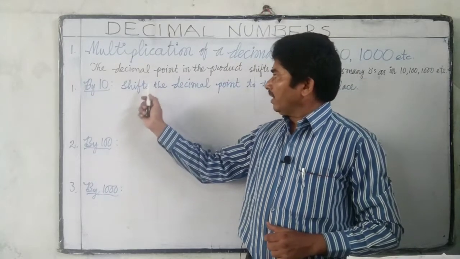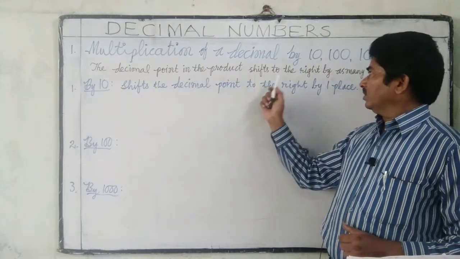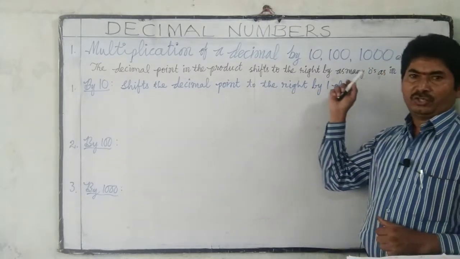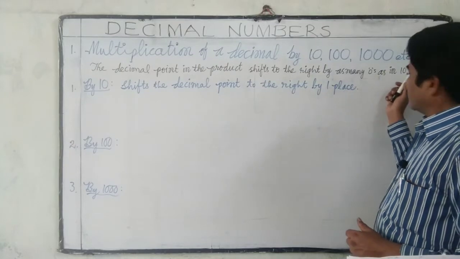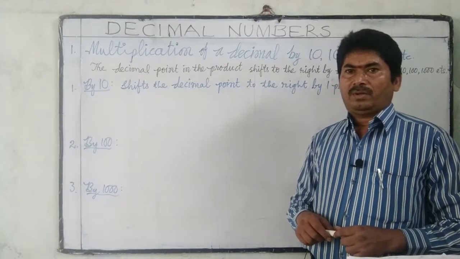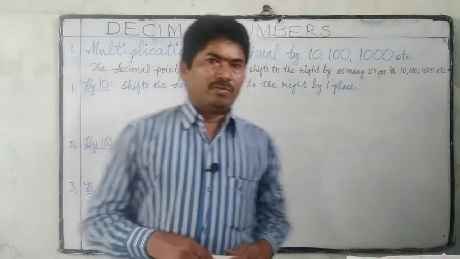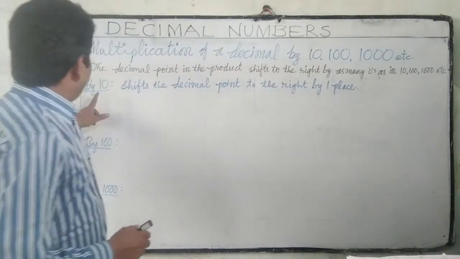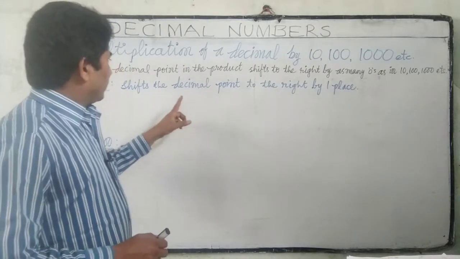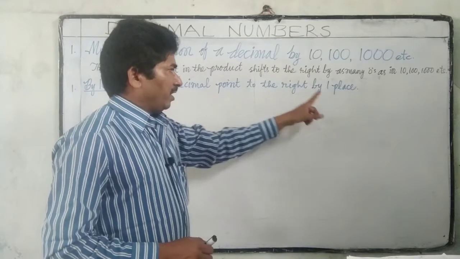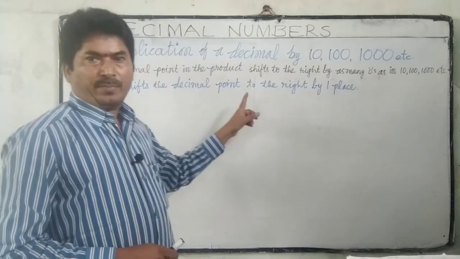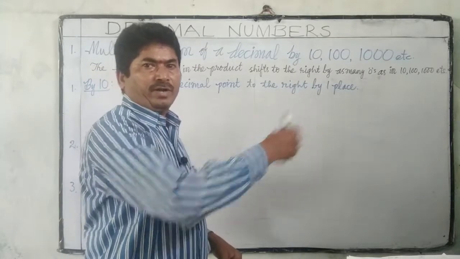The decimal point in the product shifts to the right by as many zeros as in 10, 100, 1000, etc. Let us learn one by one. Multiplying by 10 shifts the decimal point to the right by 1 place.